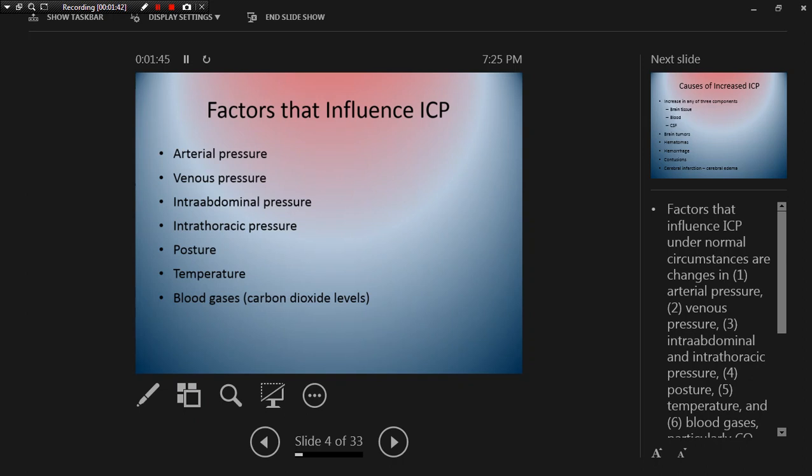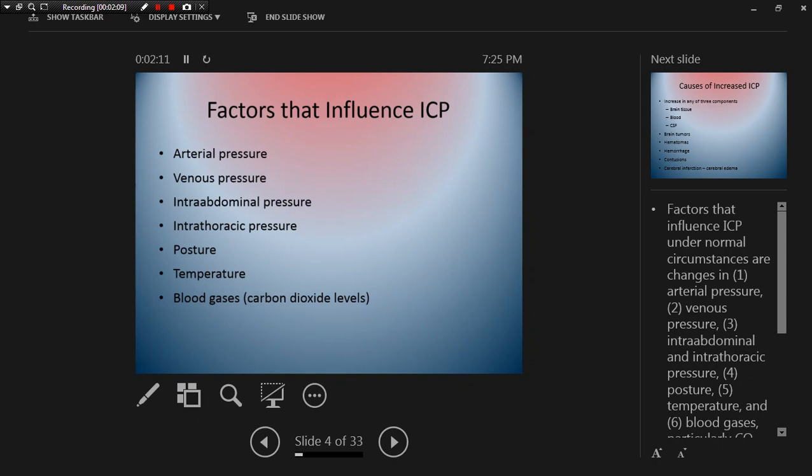Posture, temperature. So if we're hyperthermic, our body temperature is too high, our metabolic rate is too elevated, especially in situations where we're not getting enough perfusion, enough blood flow with oxygen, glucose, we're going to have an increase in anaerobic metabolism, metabolites, byproducts, and we're going to have a more acidotic environment.